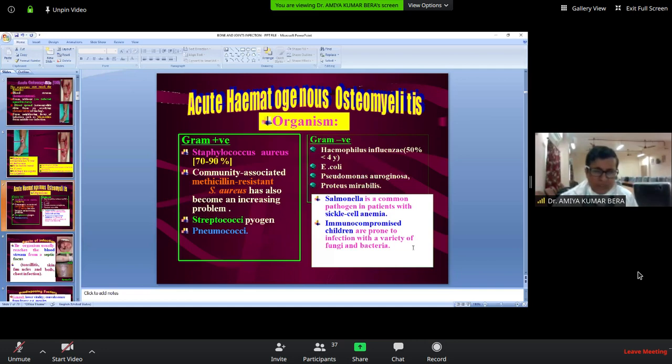Streptococcus pyogenes and pneumococci are also involved, but less. It's the MRSA, methicillin-resistant Staphylococcus aureus, which are upcoming new superbugs for which no antibiotic can be found many times.